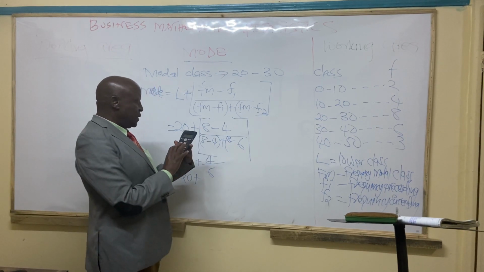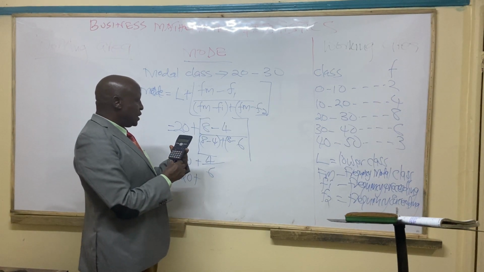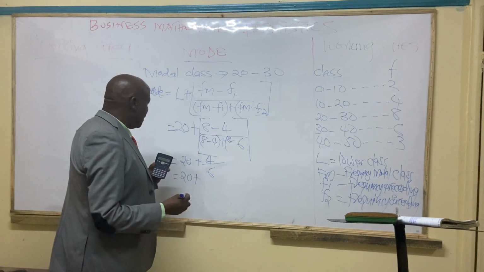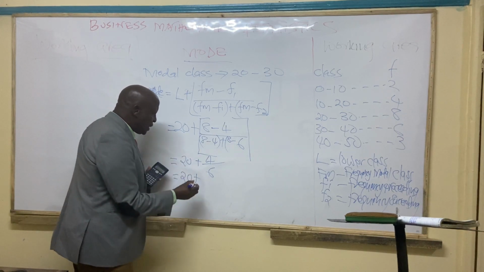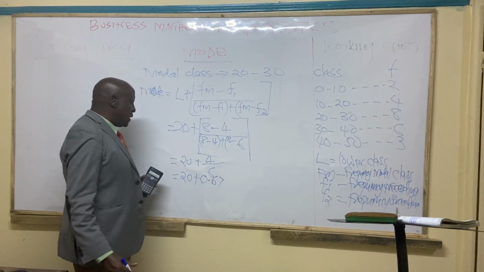Dividing 4 by 6, we get 0.67, to 2 decimal places.